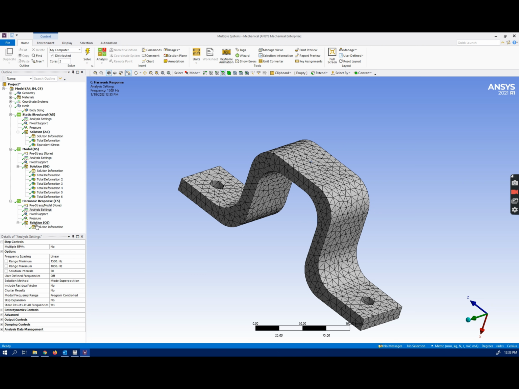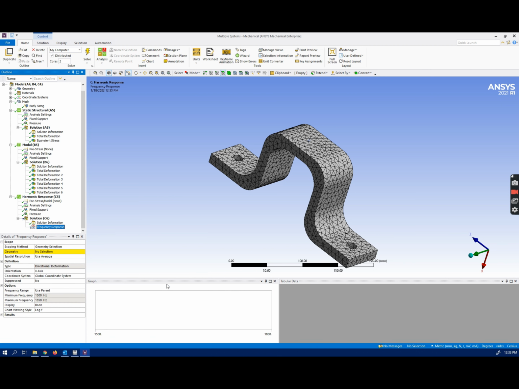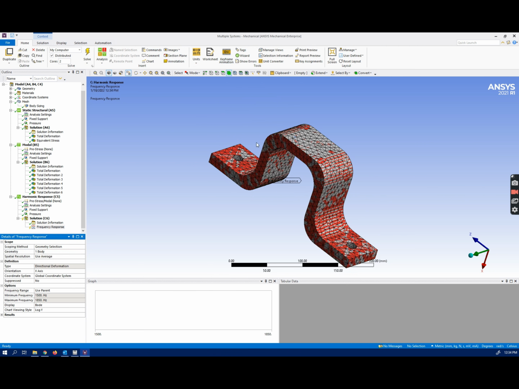Okay, now I have the harmonic response solved. So let's insert the frequency response for deformation, because we want to see what is happening for this object. Which direction? X direction.